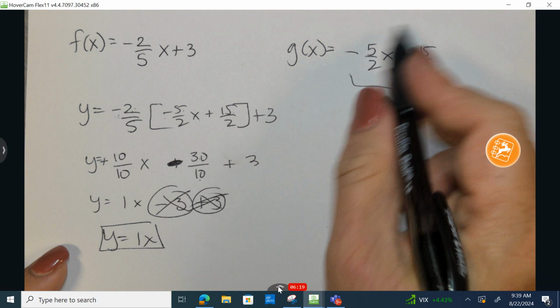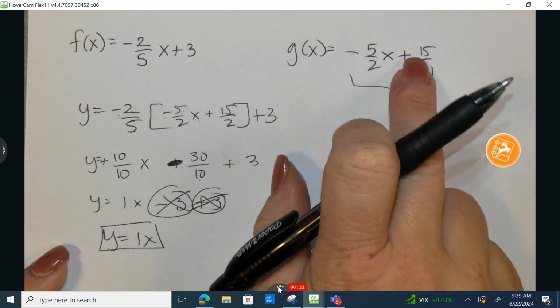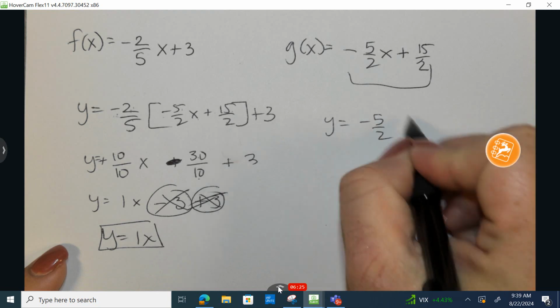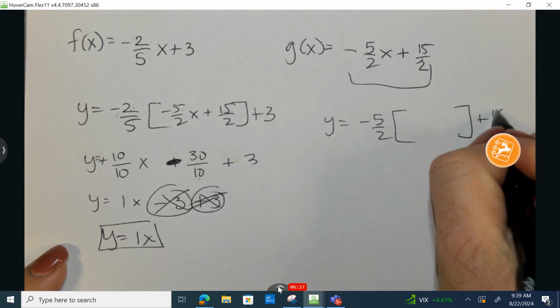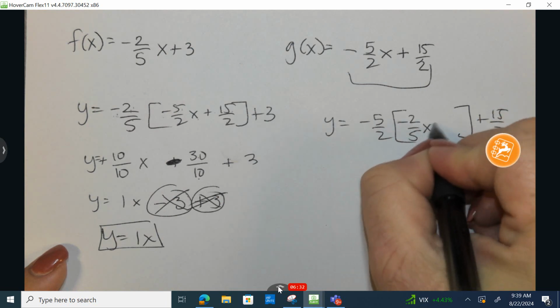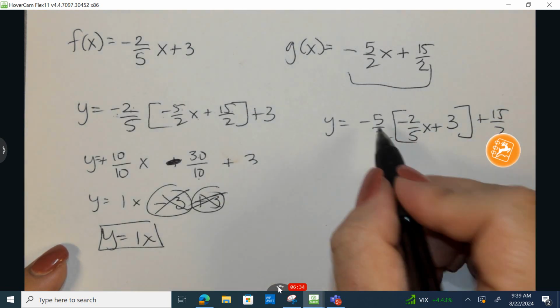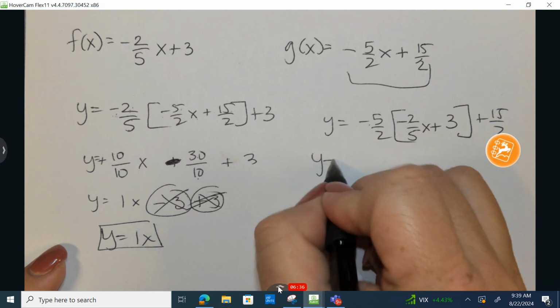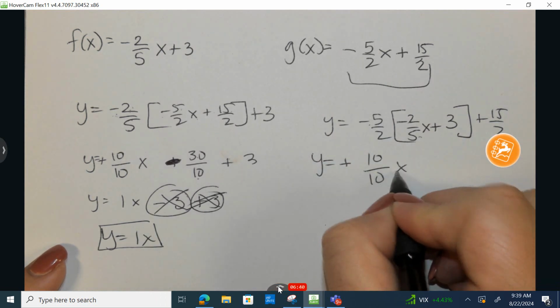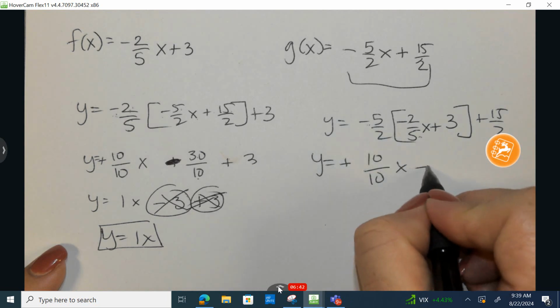Now the next one, I'm going to write down this equation. I'm going to start this time with the second equation instead of starting with the first, and replace the second equation into the spot. Okay, a negative times a negative is a positive. 5 times 2 is 10. 2 times 5 is 10. A negative times a positive is a negative.